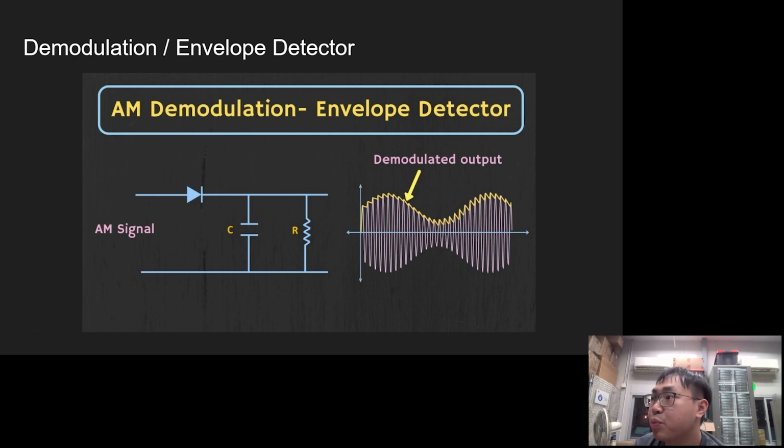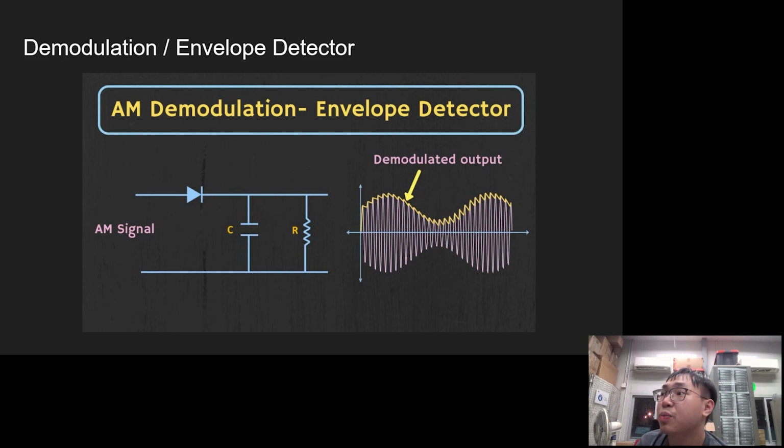The capacitor here is a storage of energy, right? It stores electricity, so it helps to keep the voltage up when the signal is alternating. That's why you will see them zigzag.